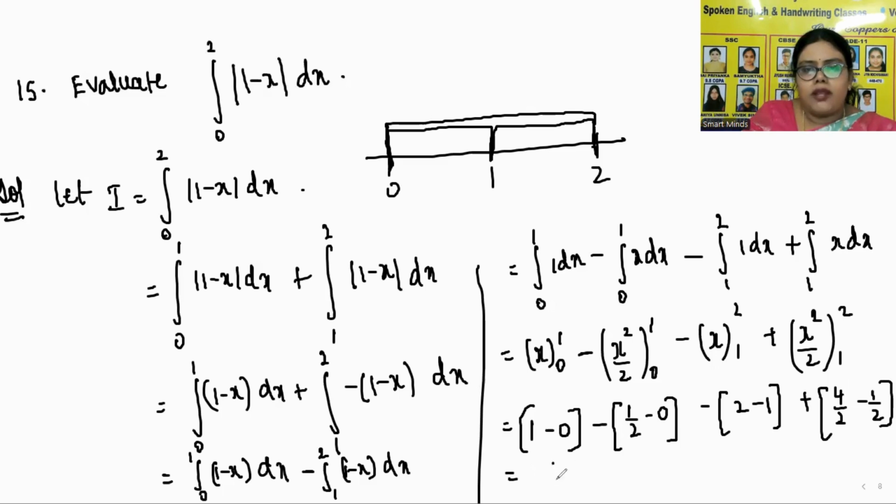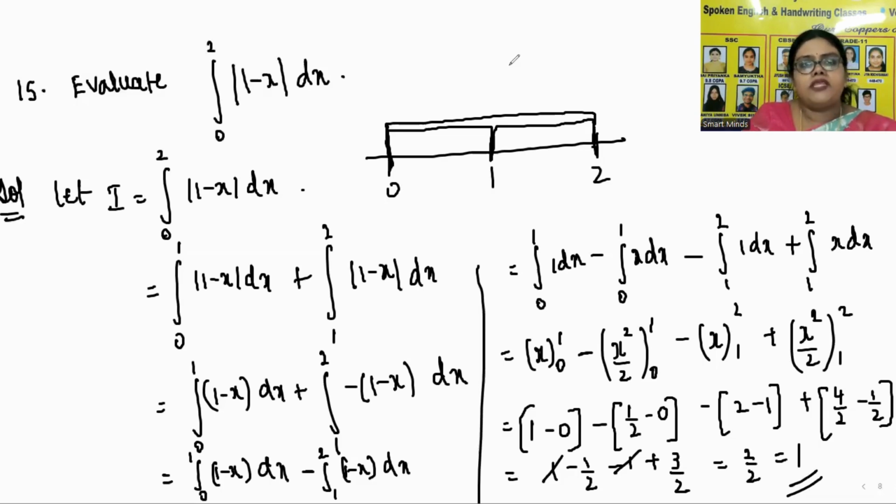So that is 1 minus 1 by 2 minus 1 plus 3 by 2. 1 minus 1 gets cancelled. 3 by 2 minus 1 by 2 is 2 by 2, that is 1. So the answer for this integral is 1. Always remember, in definite integrals, the answer will be a constant.